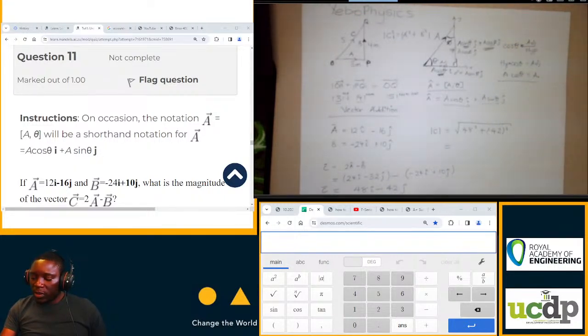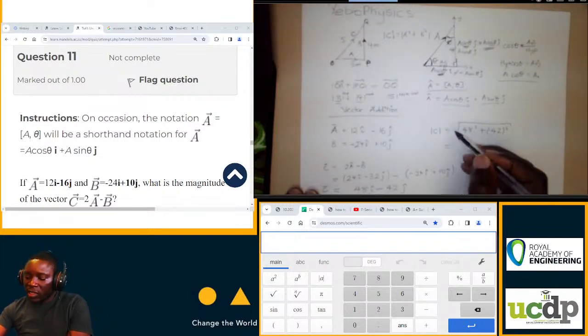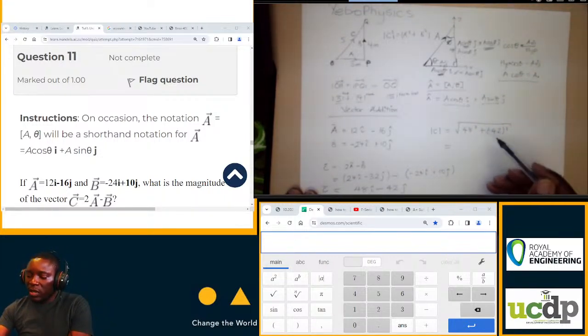So taking the like components together, 24i plus 24i gives us 48i. And 32j minus 10j gives us 42j. And to get the magnitude of the resultant there, we then use the Pythagoras theorem to get the magnitude of this resultant vector.